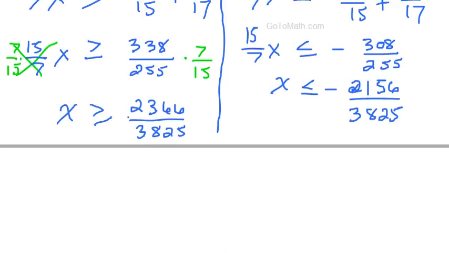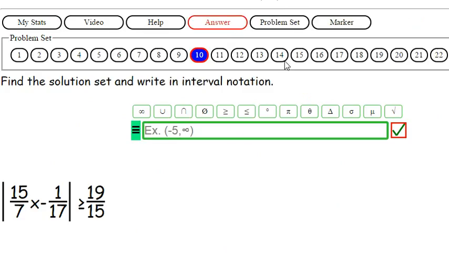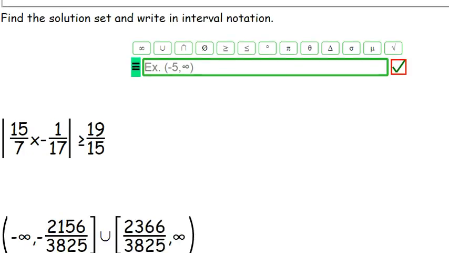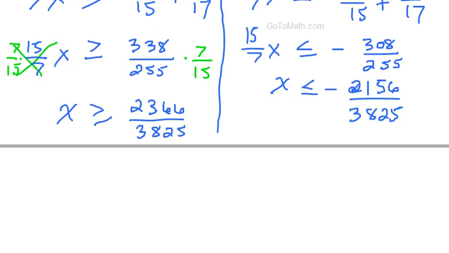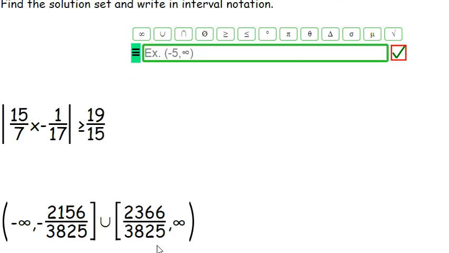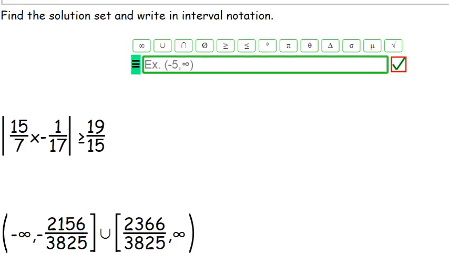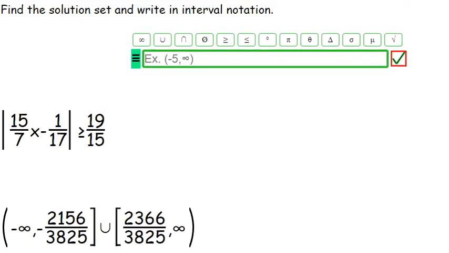So we have x is less than or equal to negative 2156 over 3825, and x is greater than 2366 over 3825. Not nice numbers to be dealing with.